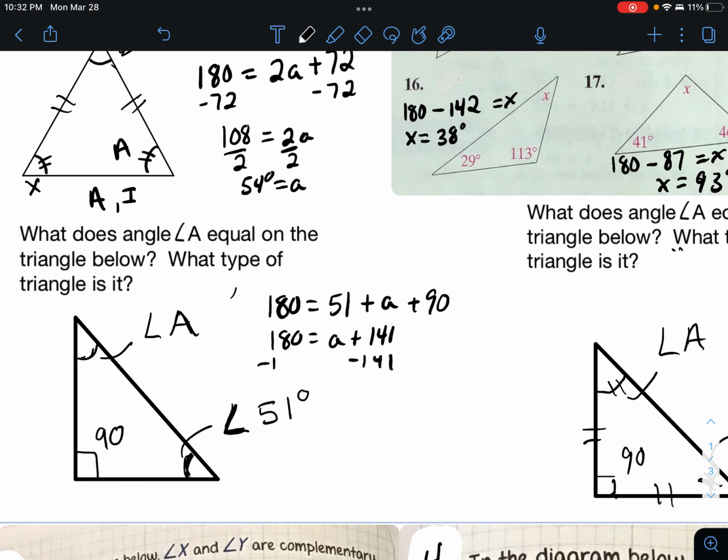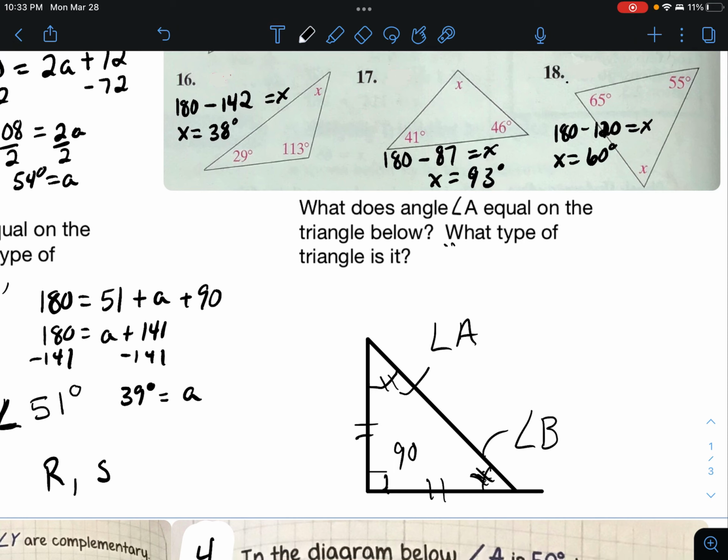So we're going to minus 141 from both sides. That's going to leave us with 39 degrees is equal to a. Okay, and this triangle has a 90-degree angle in it, therefore it is a right angle, or a right triangle. And none of the sides are going to be equal, so it would be a scalene.